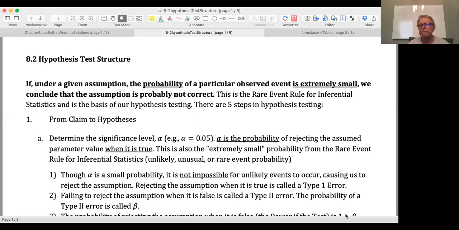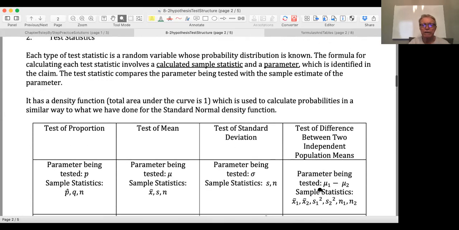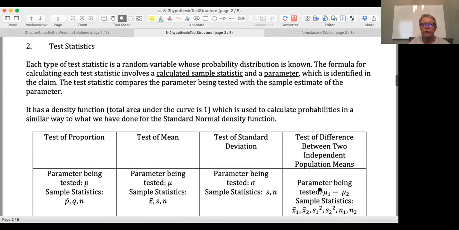Well, that observed event is going to be a value of a test statistic that we are going to determine whether it's extremely small or not. So that's what we're looking at in step 2, is developing this test statistic. So if we go down to step 2, you recall then that we are going to be in chapter 8 looking at only 3 parameters.